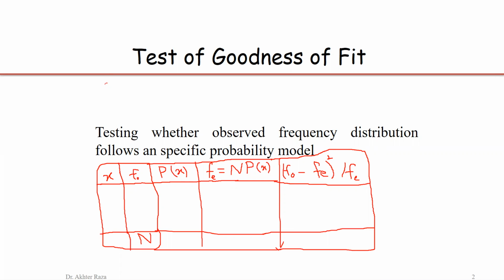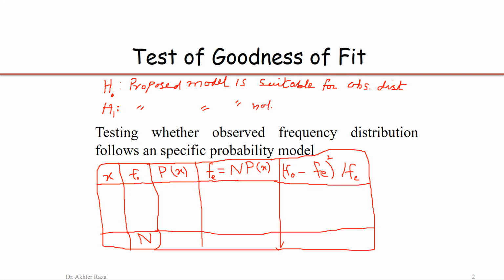So H naught: the proposed model is suitable for the given data, for the observed distribution, against the alternate hypothesis H1: the fitting is not good, or the proposed model is not suitable for the given distribution.